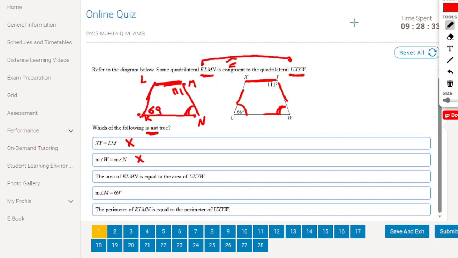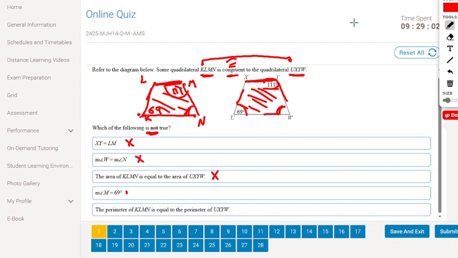Now, the area of KLMN, the area of this one, is equal to the area of UXYW. Yes, it's true because it's congruent. So this is not our answer. Now, the measurement of angle M is 69. No, the measurement of angle N is equal to the measurement of angle Y because these two shapes are congruent, which is 111.